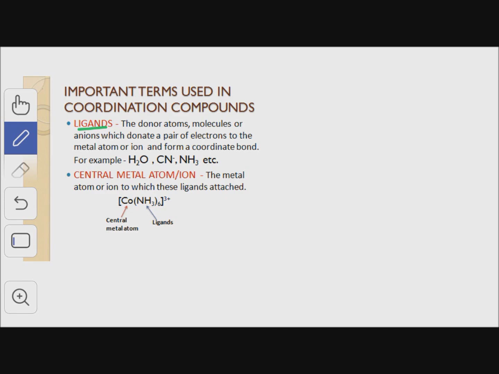For example, H2O, CN-, NH3, etc. These are the ligands, and they donate the lone pair of electrons to the central metal atom, and that's why these are called donor atoms or Lewis bases.